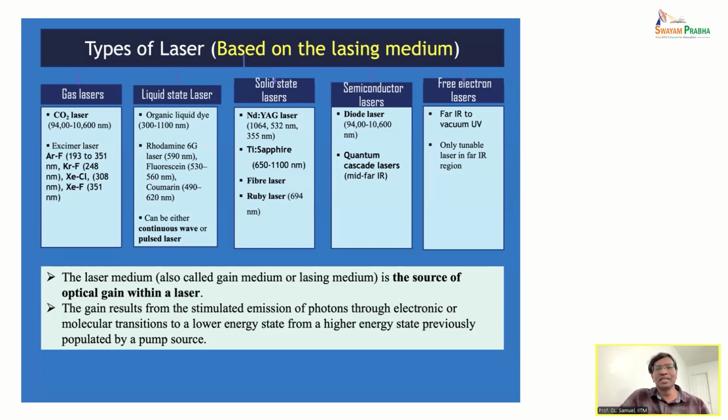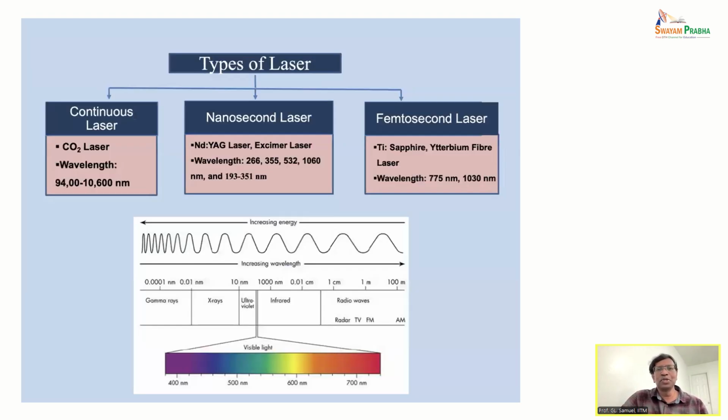Based on the lasing medium we are using, we can classify lasers into gas lasers, liquid state lasers, solid state lasers, semiconductor lasers, and free electron lasers. The technologies have been moving on from one mechanism to the other, so that we are able to produce these types of lasers.